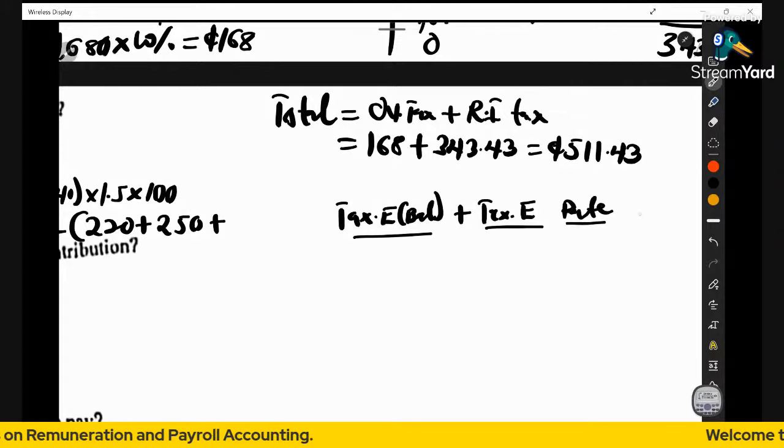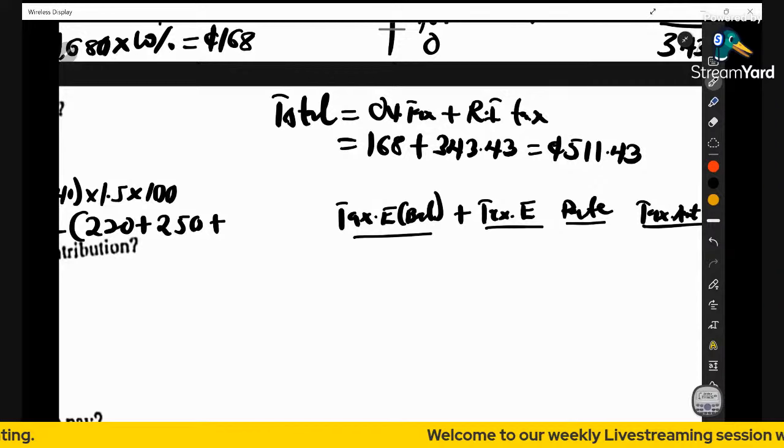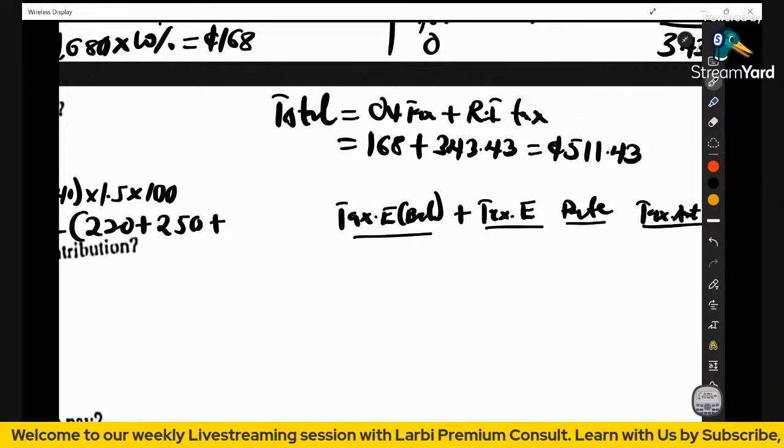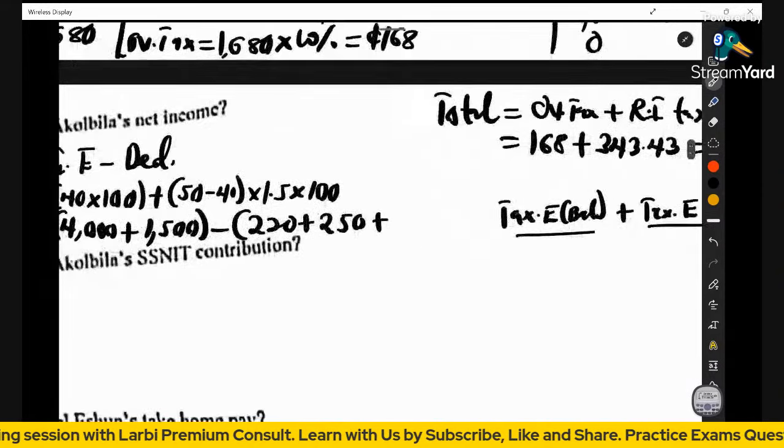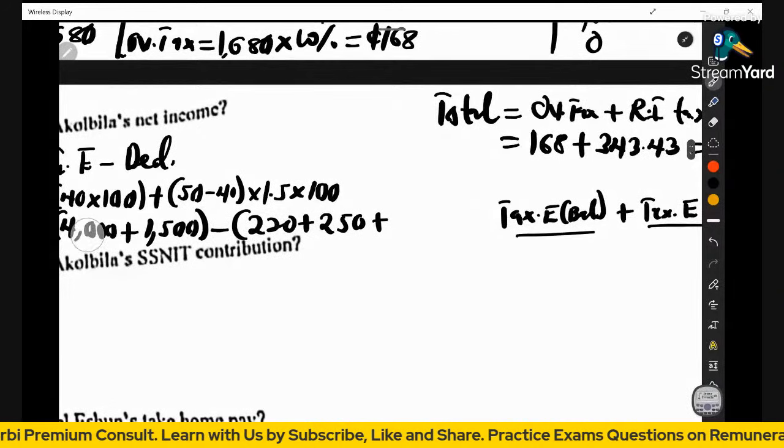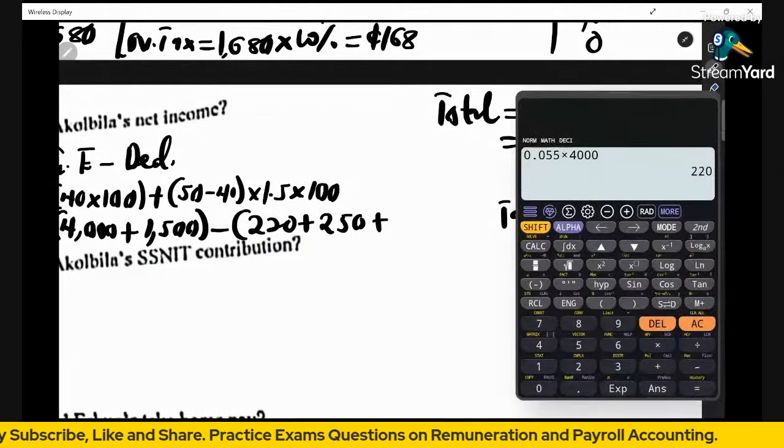And lastly, we have the tax amount. The tax amount. Okay, so how do we get the total taxable earning from the attorney's regular income? In doing that, you must subtract our SSF from the 4,000, so that we get the taxable earning.